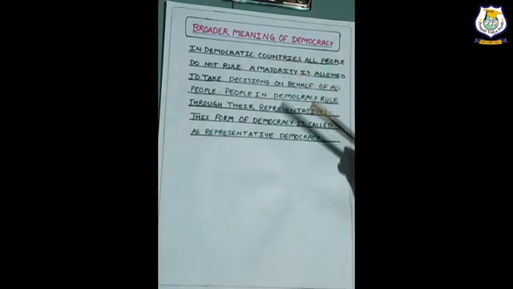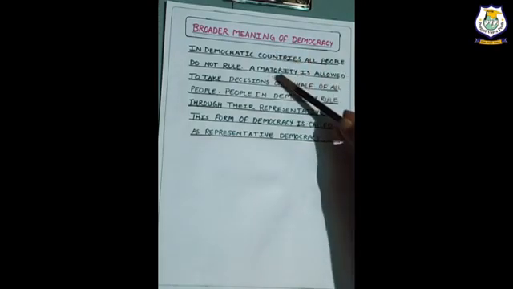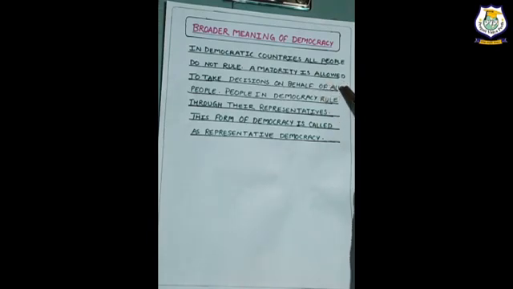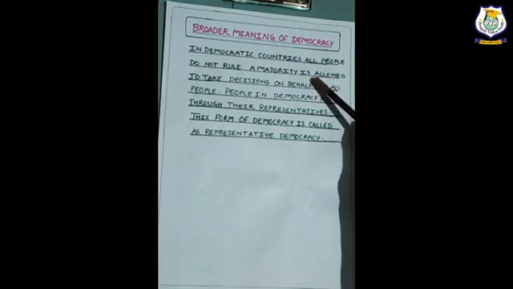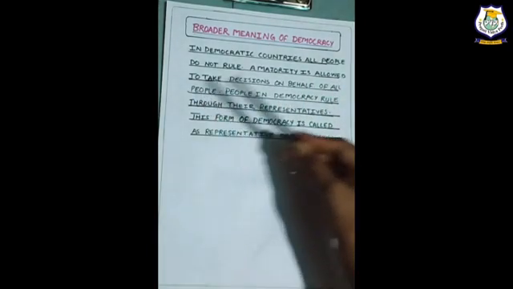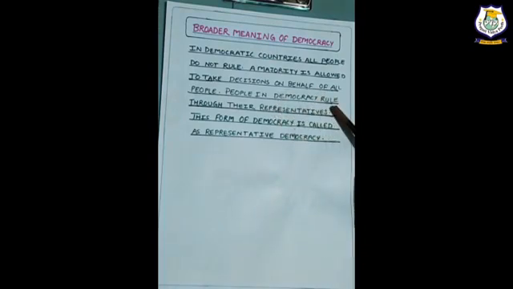Democracy is a form of government which is made through people's participation, where the biggest majority is allowed to take decisions on behalf of the people. People in a democracy rule through their representatives.